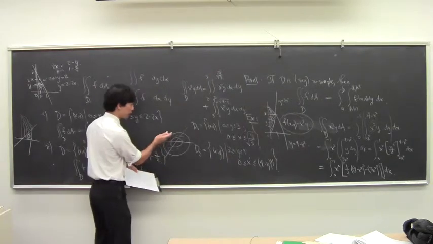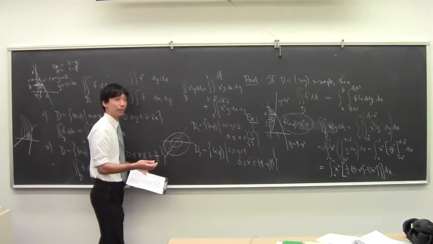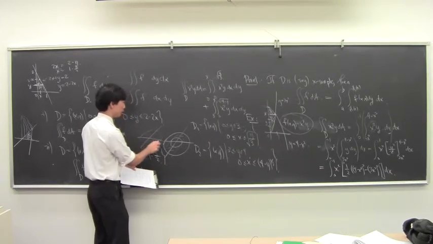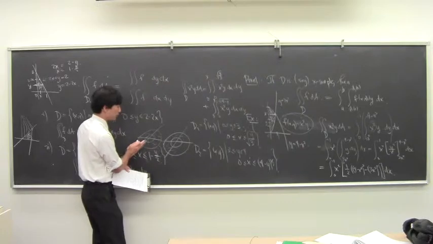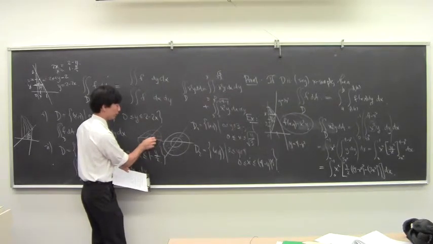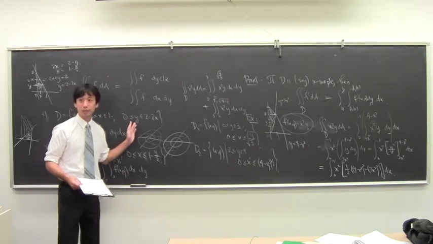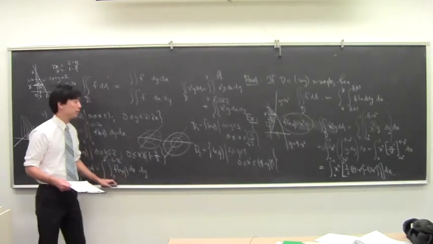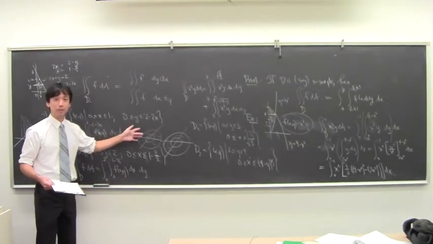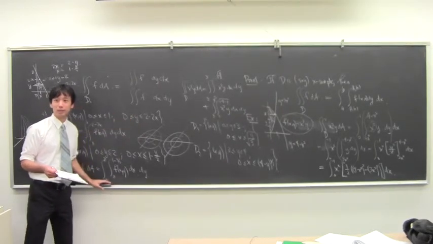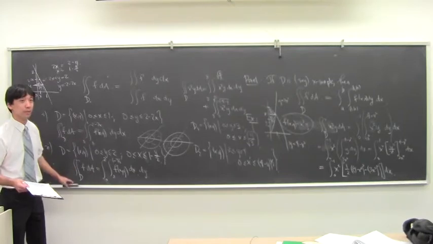So I could break it up into 4 x simple regions, or I could have done 4 y simple regions. Now this is y simple, this is y simple, this is y simple, this is y simple. So you can take complicated things and break them up. That's the point of these simple regions: often you can take complicated regions and break them down into pieces where the integral is easy.